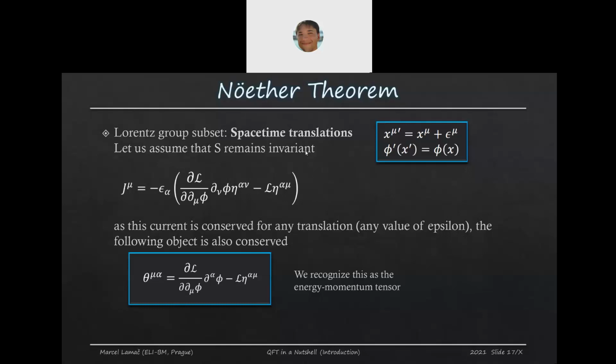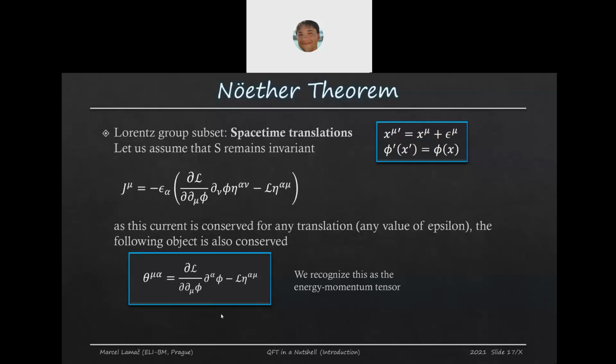So once again, this is our Noether current in the form that we've derived. Since this quantity is conserved for any value of the shift vector, the object inside the bracket is also conserved. This tensor structure is known as the energy-momentum tensor, and this structure is also conserved.